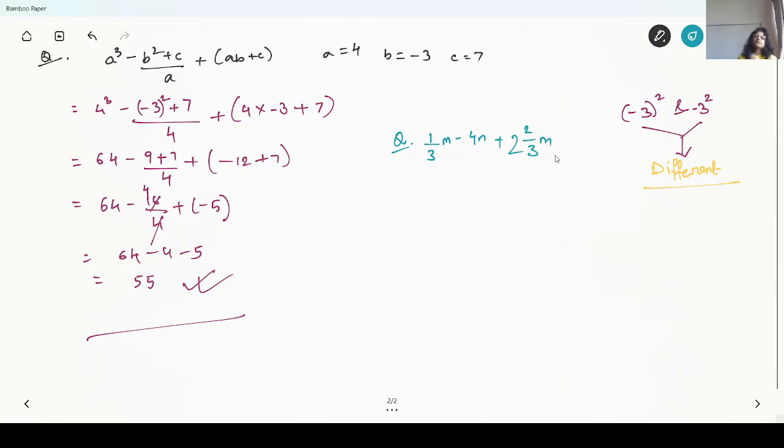If you have a problem in understanding whether it is present in the simplified form or not, I would suggest you go and check video number 1 once again. So this is not present in the simplified form of the algebraic equation. Why is it not present in the simplified form?